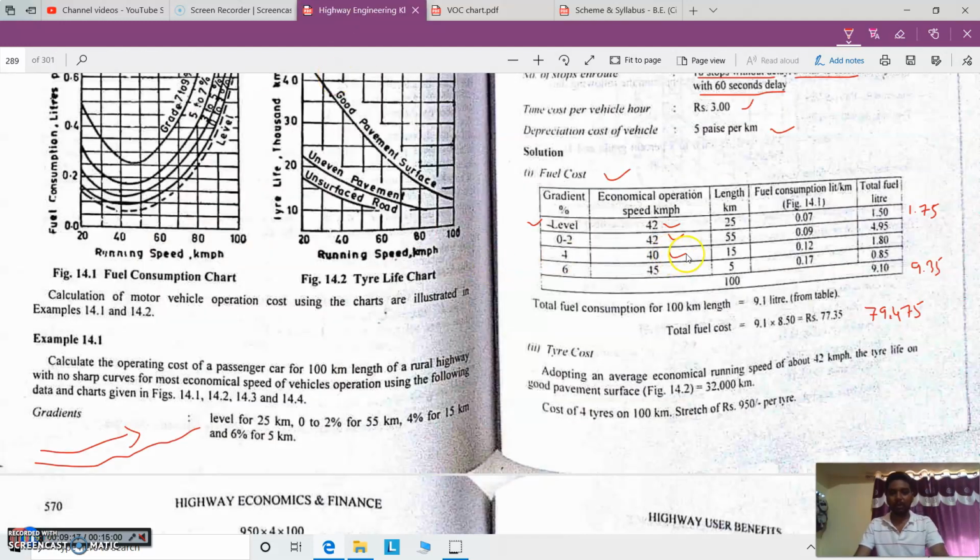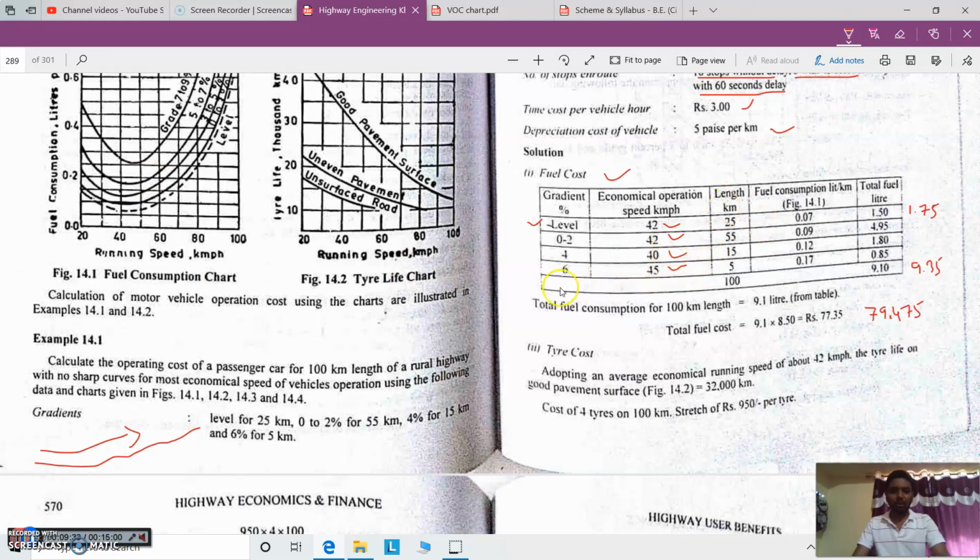That 40 kmph is noted. Similarly for 6% gradient, we consider the 6% grade curve, and the apex point is erected to the x-axis, which gives the running speed of 45 kmph.